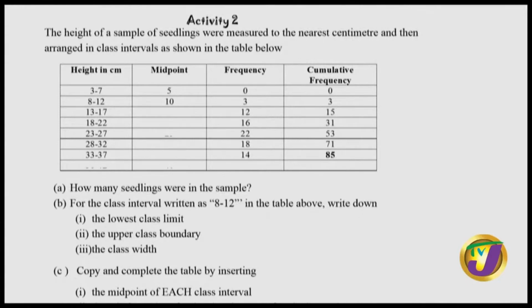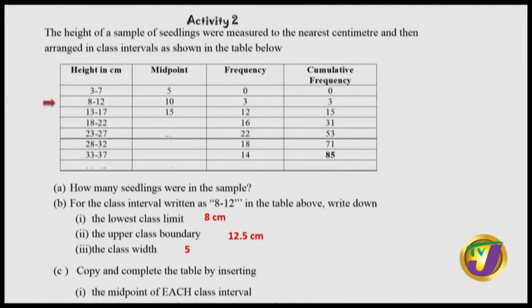And part C says to us now, copy and complete the table by inserting the midpoints of each class interval. When we're talking about midpoints here, we are talking about midway through the class.